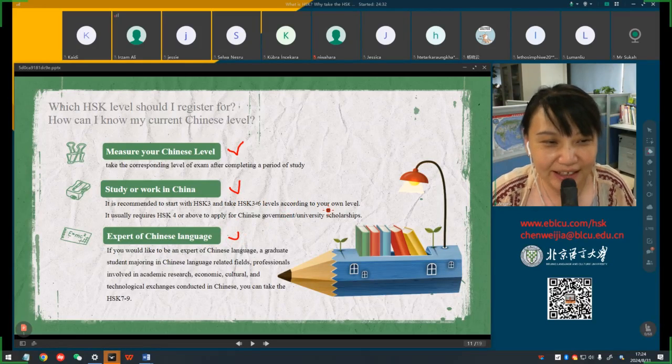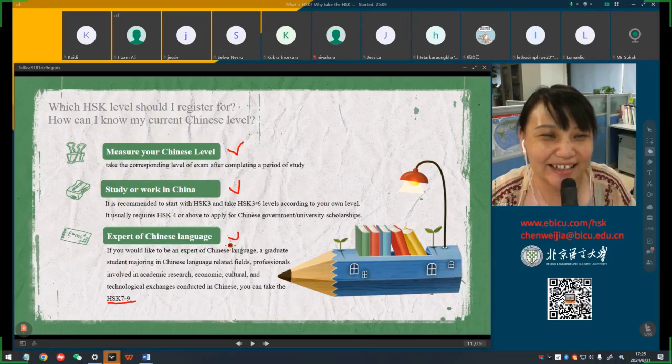And number 3, if your goal is to be an expert of the Chinese language, and you already have a very good background of Chinese, and you're planning to study Chinese language, or do some research using Chinese, or apply for a doctoral or master degree in Chinese language, you can take HSK 7 to 9 levels.